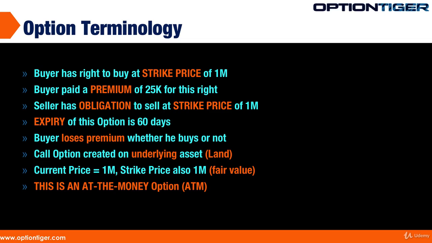Since the current price of the land is supposedly $1 million, and the strike price is also $1 million, therefore, we can say that the strike price is at the fair value of what the current price of the land is, and therefore, this is called an at-the-money option. It's an at-the-money call option because the strike price of the contract is equal to or approximately equal to the current price of the underlying asset. So hopefully that's clear. This is an at-the-money option.